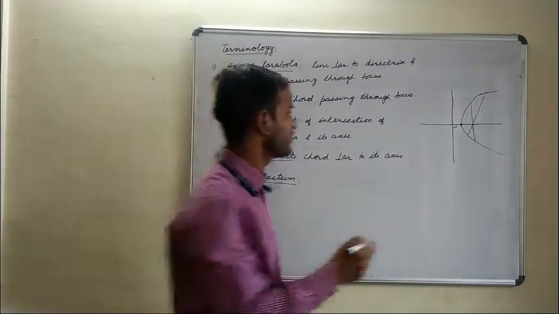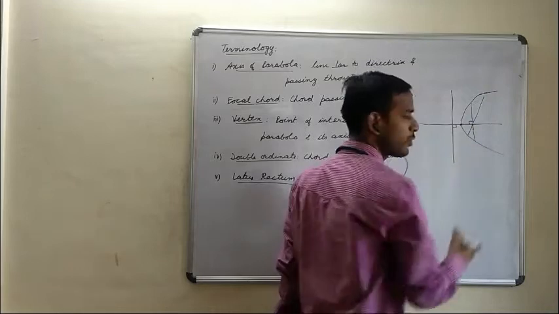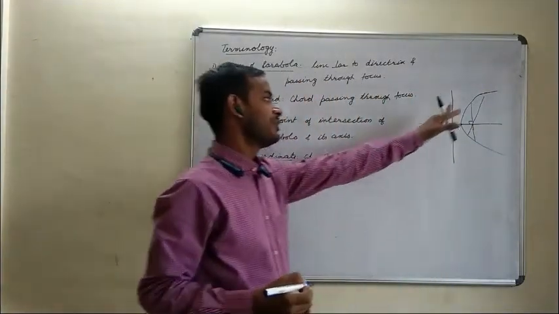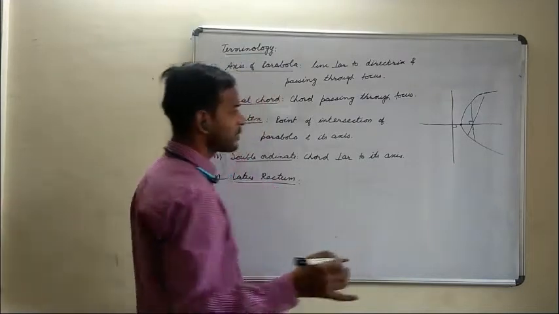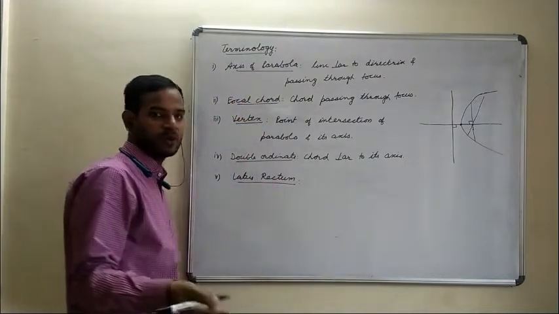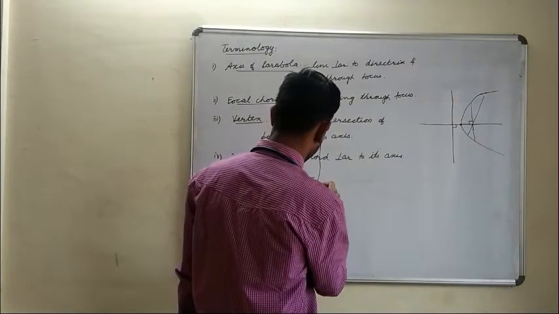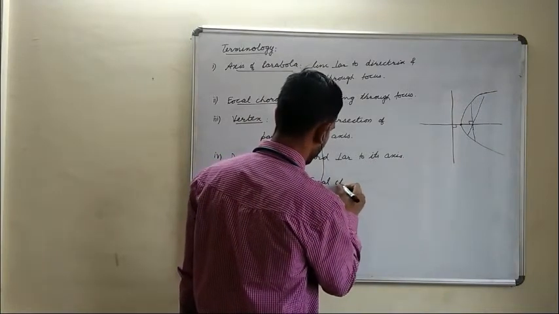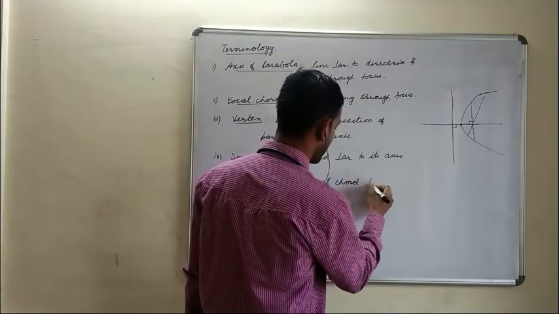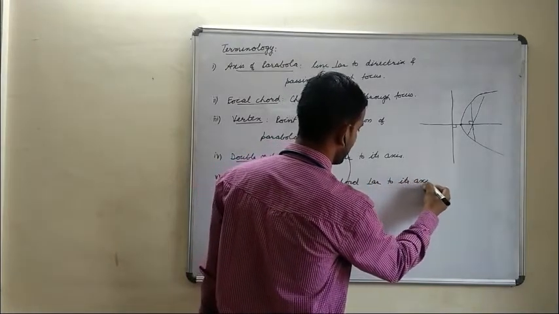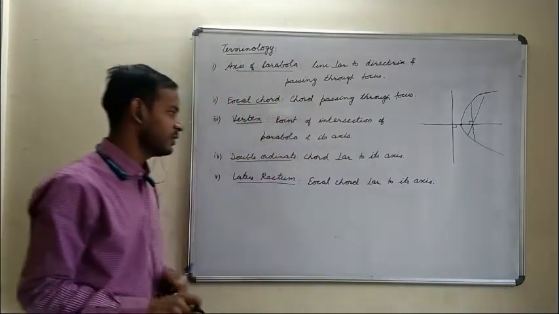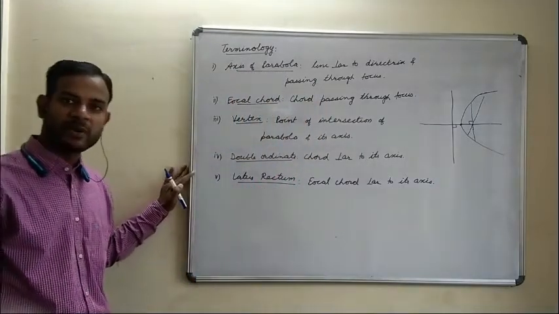And since it passes through focus, it is a focal chord as well. So this is the latus rectum of the parabola, okay? Or you can say a focal chord perpendicular to its axis. Okay, so these are the terms that we need to remember.